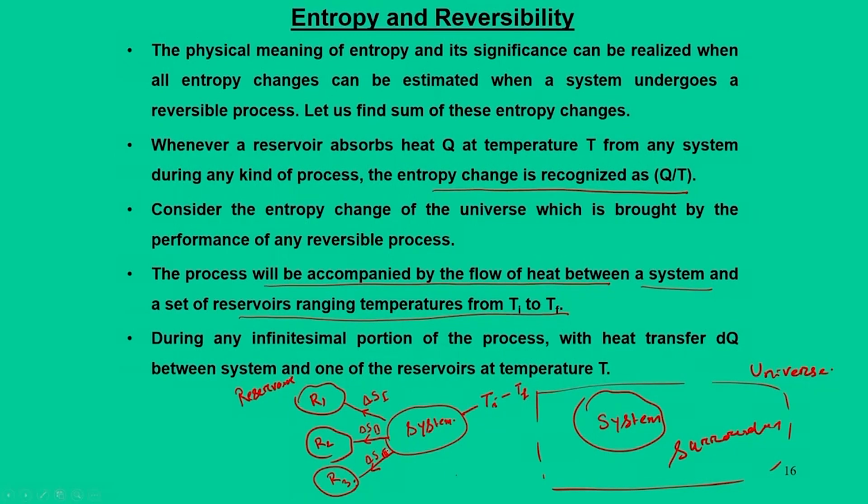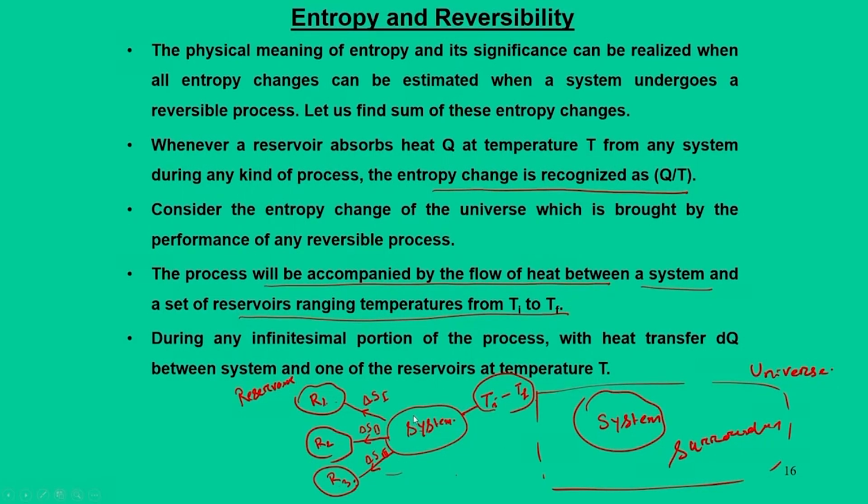All these are entropy changes when the system interacts with reservoirs 1, 2, 3, and there may be many reservoirs like this. Through the process the system undergoes a change from Ti to Tf, but there are also changes in the entropy of reservoirs 1, 2, 3. So, summing all these will give the total change in the entropy of the universe.